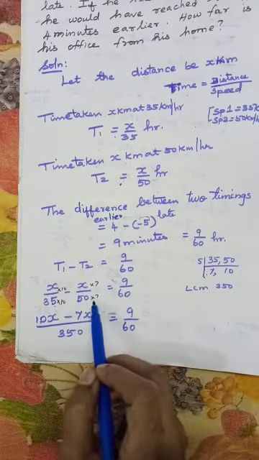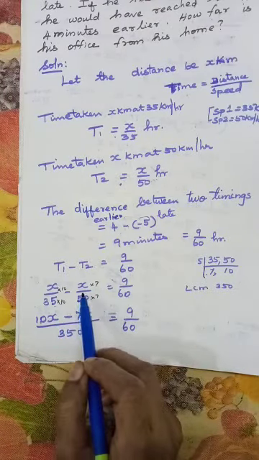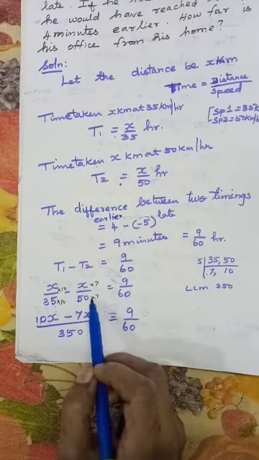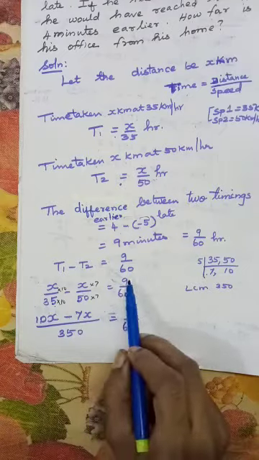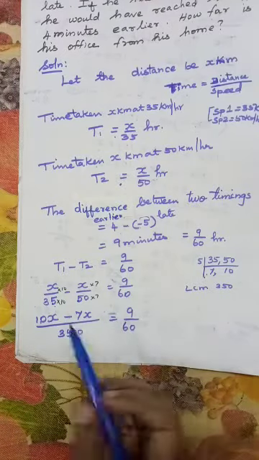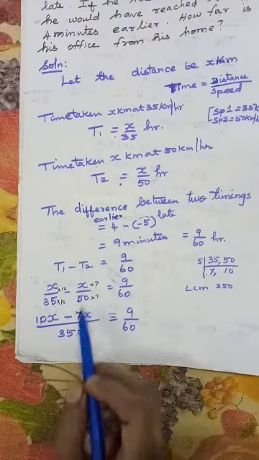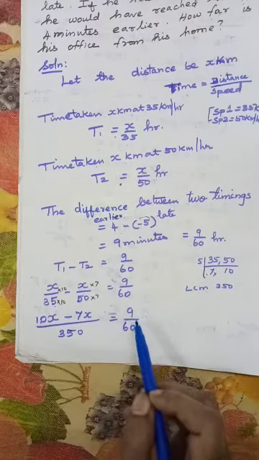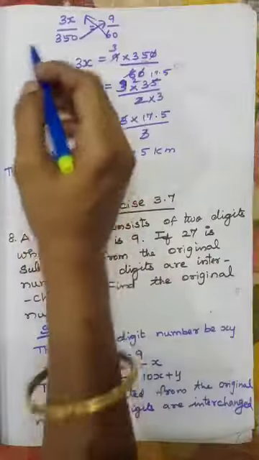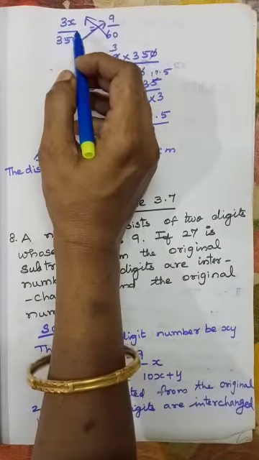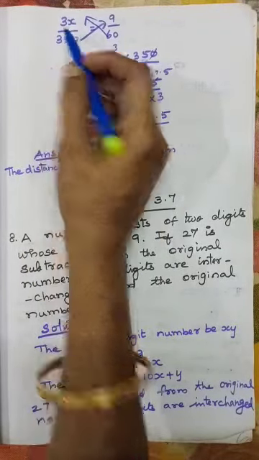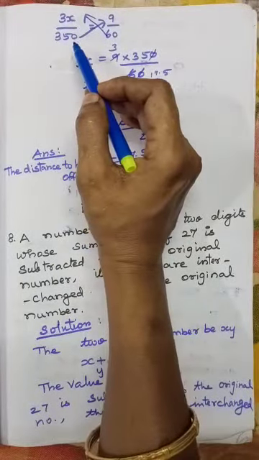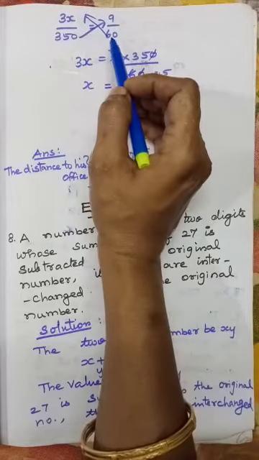Here, 7 into 50 is 350, so you multiply numerator and denominator by 7, equal to 9 by 60. Okay. Now 10x minus 7x by 350 is equal to 9 by 60. 10x minus 7x is equal to 3x by 350 is equal to 9 by 60.